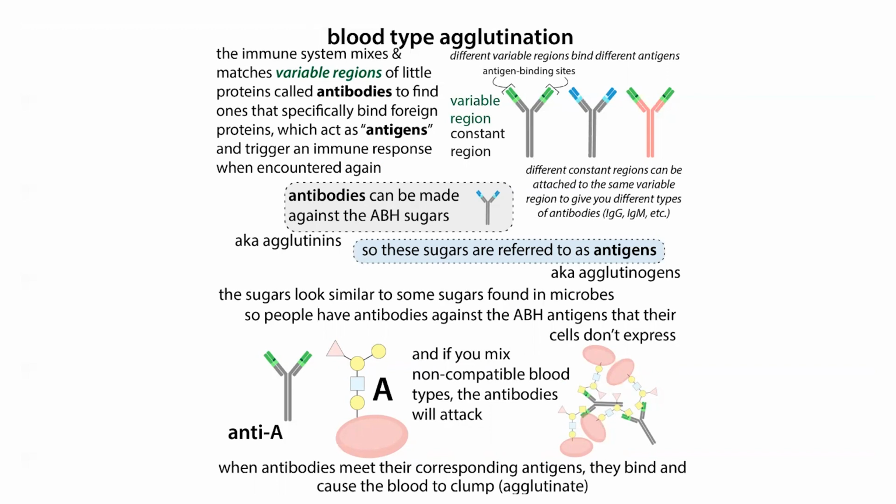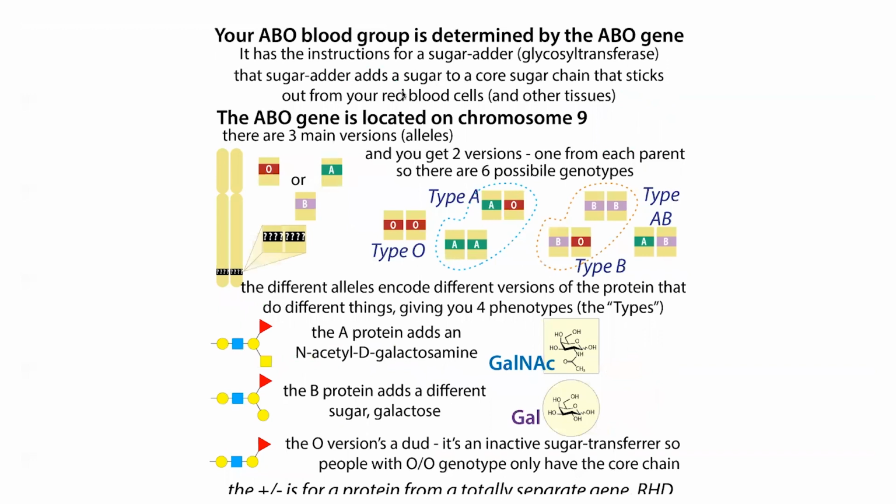It's going to think it's foreign, because, well, it is foreign, and it's going to attack it. And this can cause blood type incompatibility. But at the heart of all of this is that people have different versions of this glycosyl transferase that make it so that they're making different sugars.